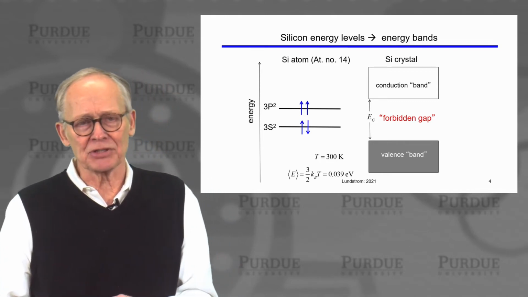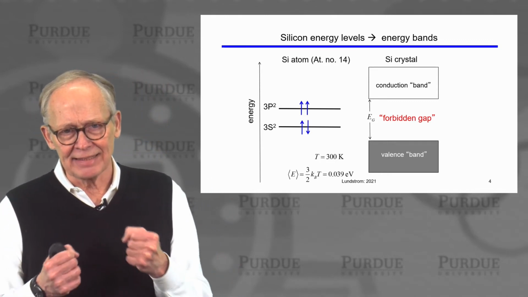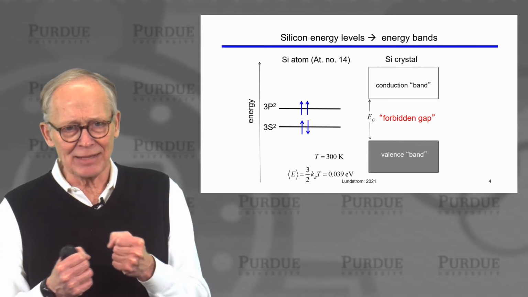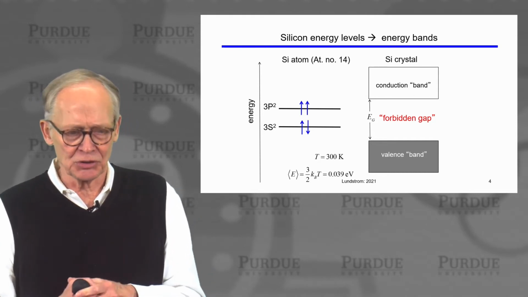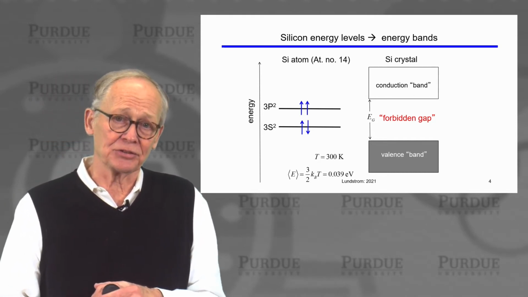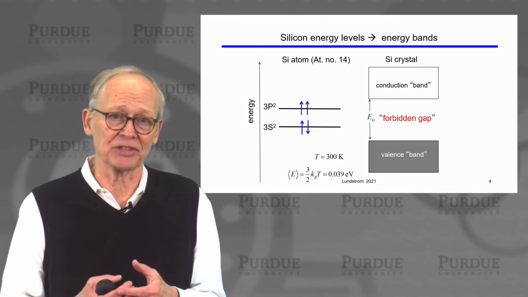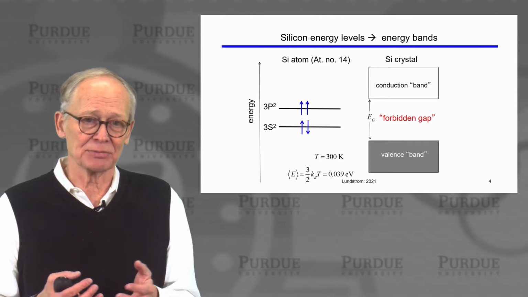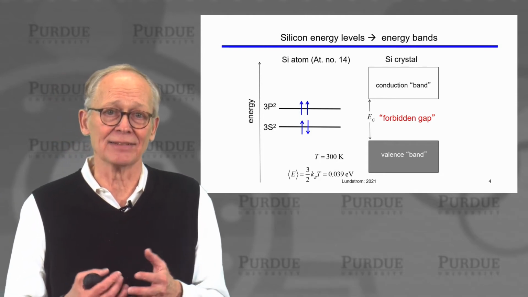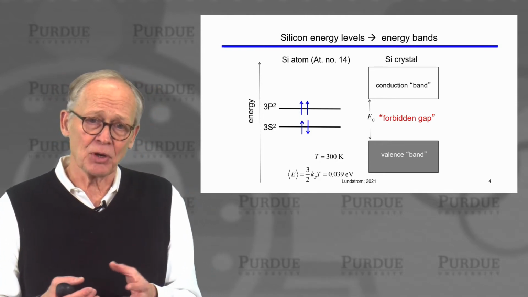Now, at room temperature, there is some thermal energy. The atoms in this solid are vibrating with some random thermal motion. That average energy is 3/2 kT. That's an expression you've probably seen before, maybe in a freshman chemistry course for an ideal gas. That's a small number.